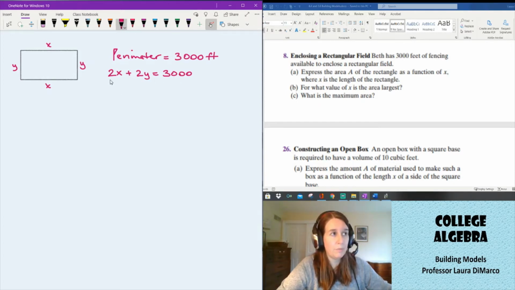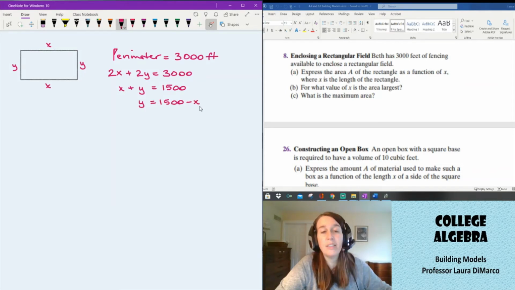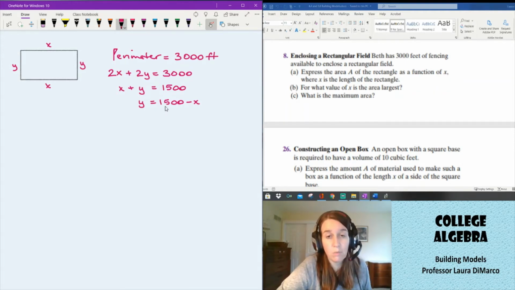Let's simplify this equation a little bit to make our lives easier. x plus y is equal to, divide by 2, 1,500. And then let's solve this equation for y: 1,500 minus x, because in the next part, when we write a new equation, we're going to need to put everything in terms of one variable.